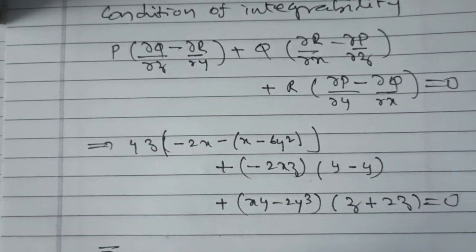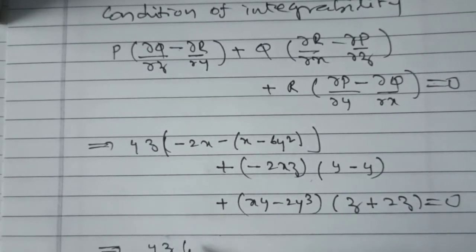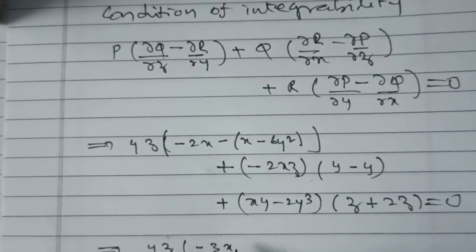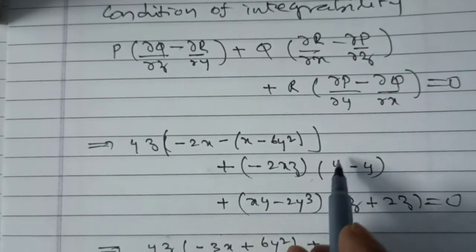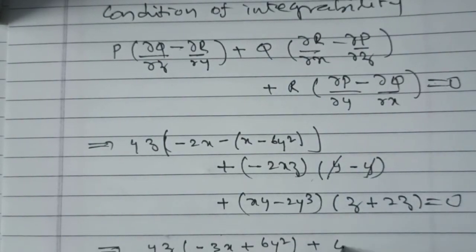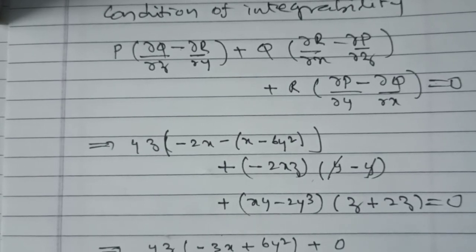This implies yz into (minus 3x plus 6y²), plus, the y terms cancel and this term is 0, plus (xy minus 2y³) into 3z is equal to 0.